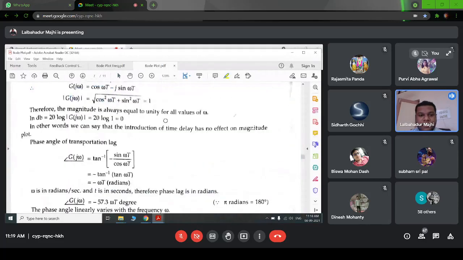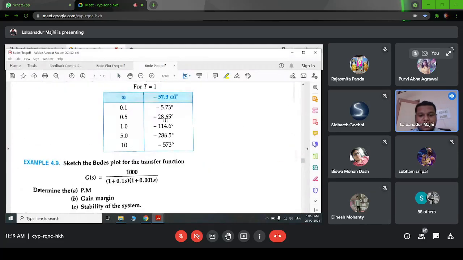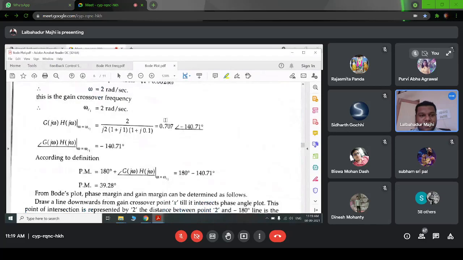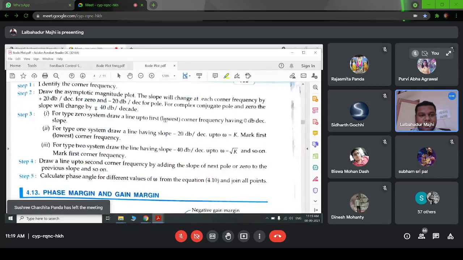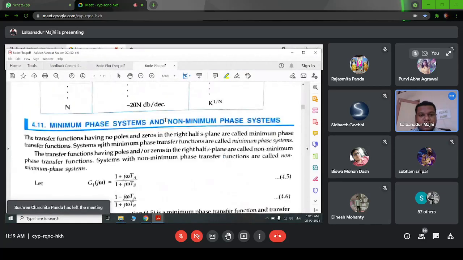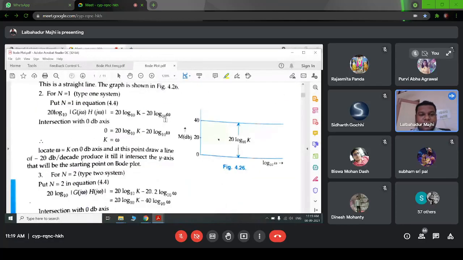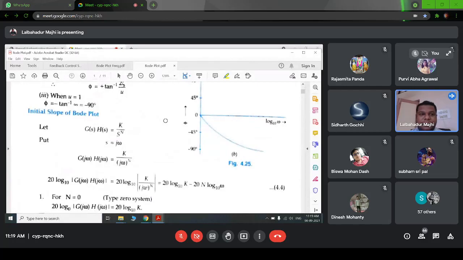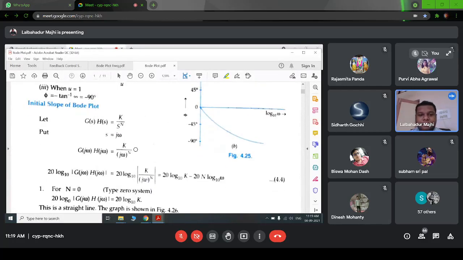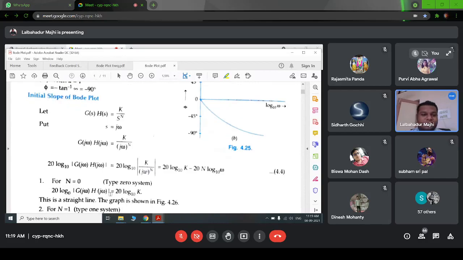So yesterday we discussed the initial slopes, how we can determine the initial slope for type 0, type 1 and type 2 systems. You have to remember this so that you can easily get the initial slope of the magnitude plot for type 0, type 1, type 2 or type 3 systems.